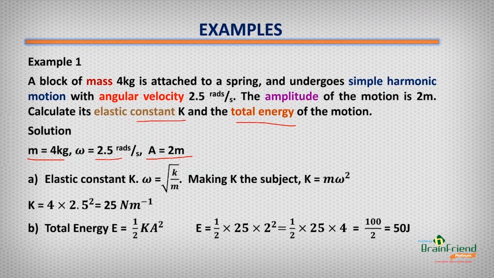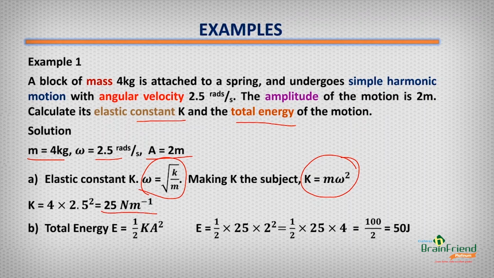For us to calculate the elastic constant K, we use the formula omega is equal to square root of K over m. Making K the subject, we have K is equal to m omega squared. Substituting the values given into this equation, we have K is equal to 4 times 2.5 squared. This gives us 25 newtons per meter.